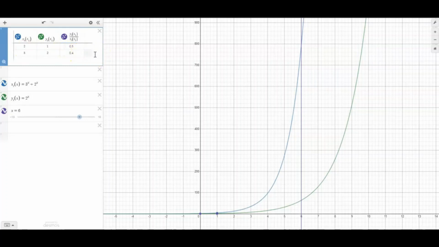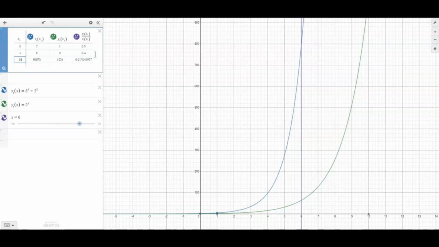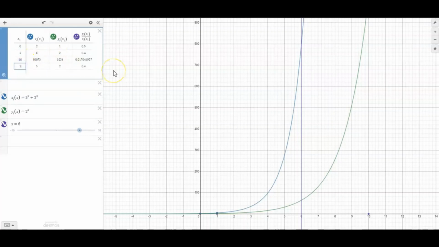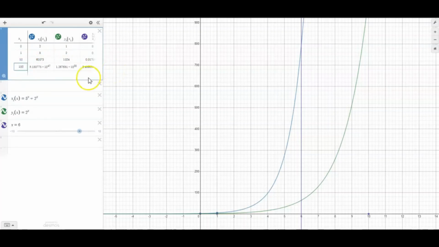If I continue doing this, let's say I make time 10, you can see how much faster that x component is growing. These two curves are farther apart. If I do it for time 100, you can see that the y component is on the order of 10 to the 30th, but the x component is on the order of 10 to the 47th.